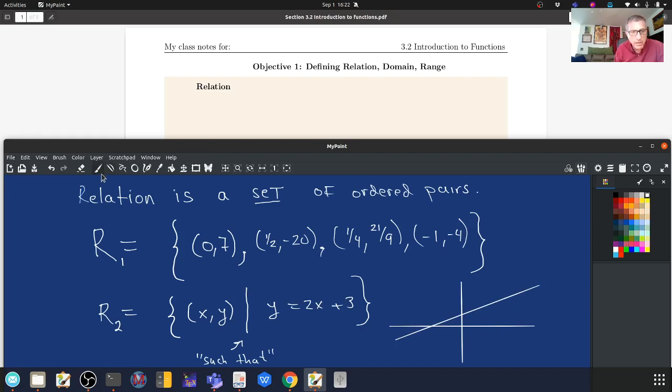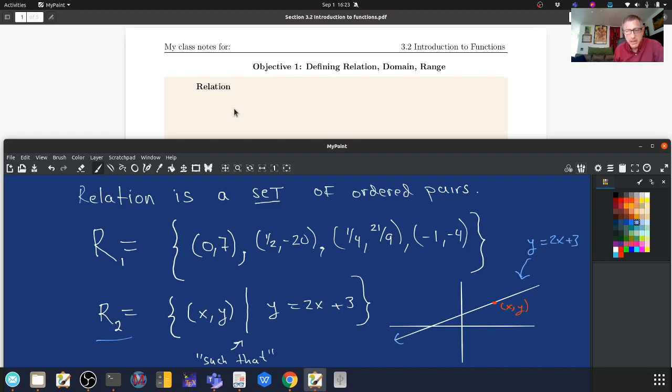And what this visually tells you, if this is a point x, y on this line that is given by the equation y is equal to 2x plus 3, then that ordered pair x, y is in this relation. So there we go.